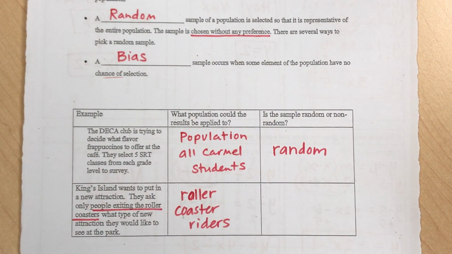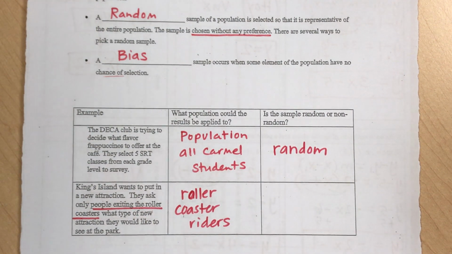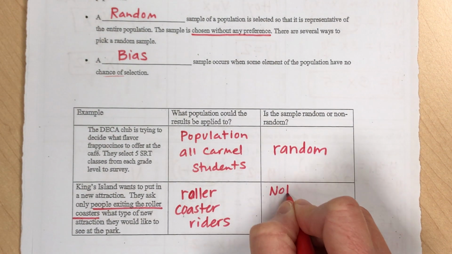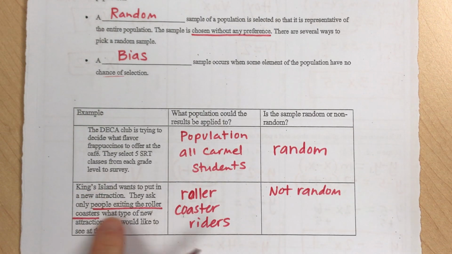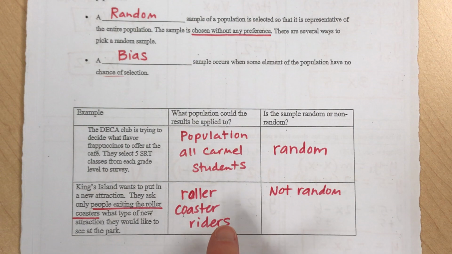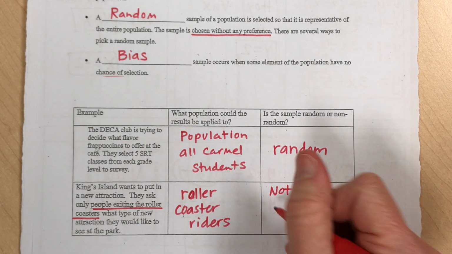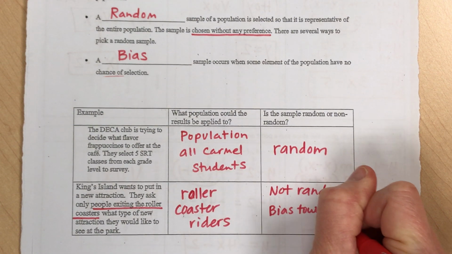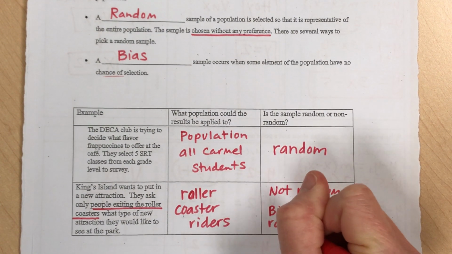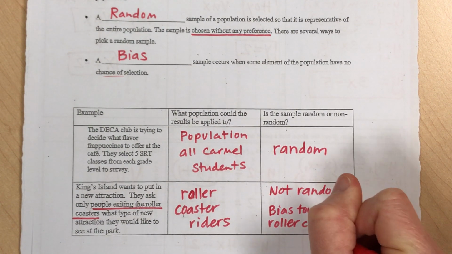They didn't ask people at the cafe or on some of the water rides, they asked people exiting the roller coaster rides, so that's all we can talk about. And I would say this is not random because a theme park would have more than just roller coasters. They would have other types of things, so they shouldn't have only asked roller coaster riders. So I would say there would be a bias towards roller coaster riders.